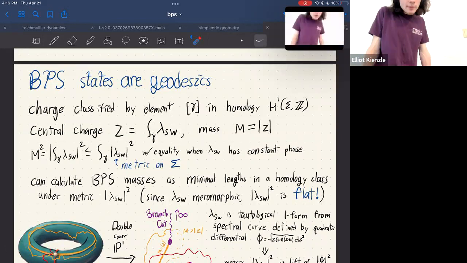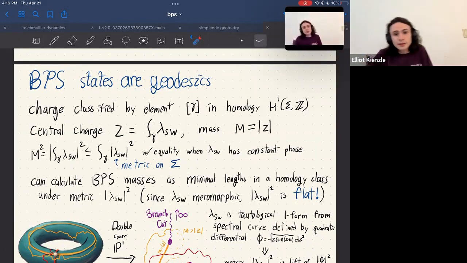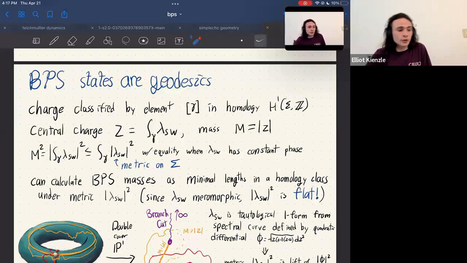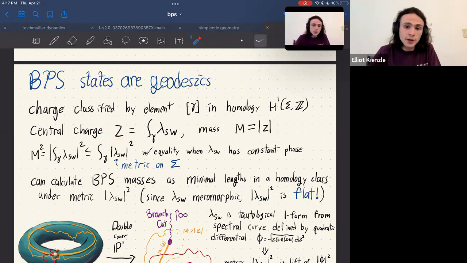We can actually think of BPS states as geodesics. I think this is kind of cool. It's an application of this Seiberg-Witten curve formalism that is extremely useful in actually telling you how to find BPS states. It's not something you can do normally, but with this geodesic picture, it's something you can do. So basically, remember that central charge we defined? It's just the periods of the Seiberg-Witten form.